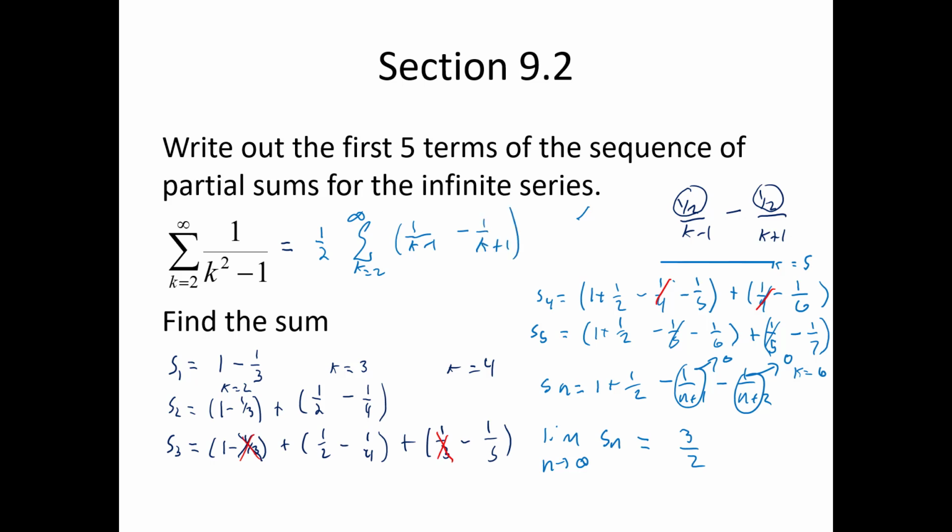And now my sequence of partial sums was just for this. So we figured out that this limit was 3/2, but then this 3/2 needs to get multiplied by the 1/2. So the 1/2 times the 3/2 is 3/4. I'm sorry, my sum is 3/4, not 3/2, because I have that extra factor of 1/2.